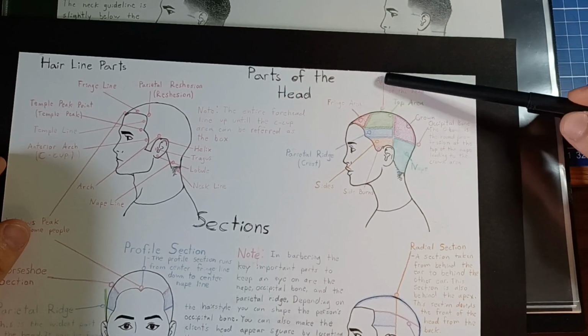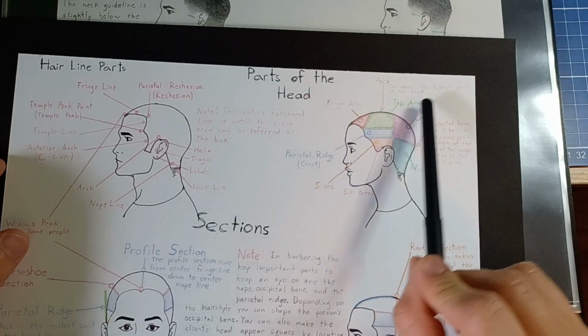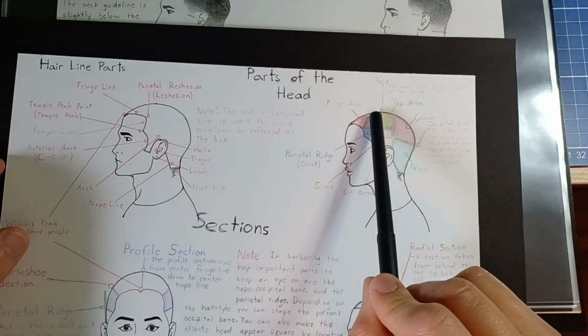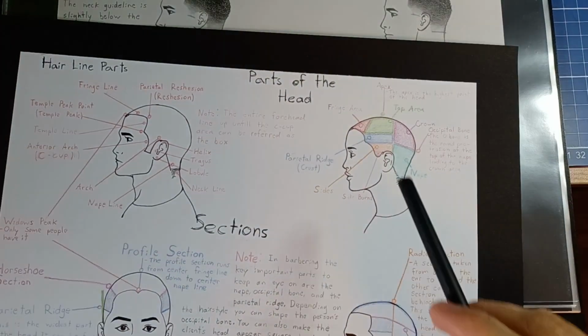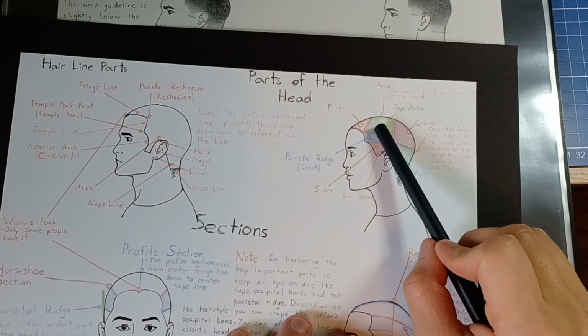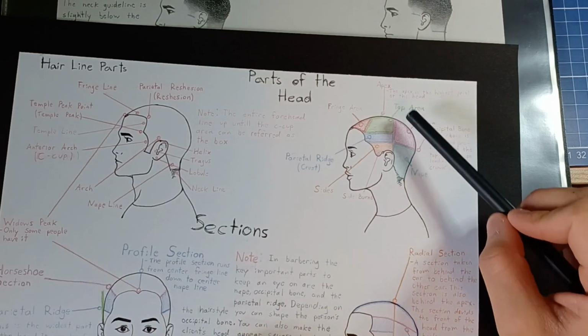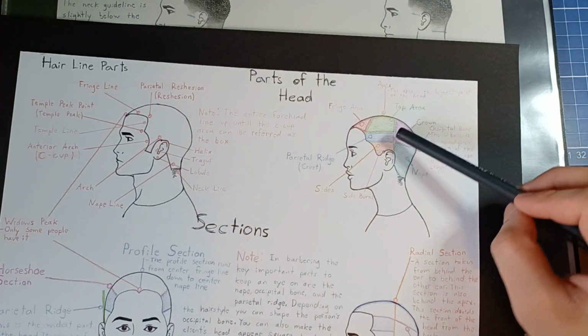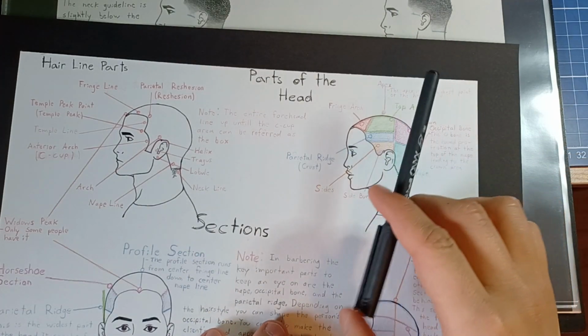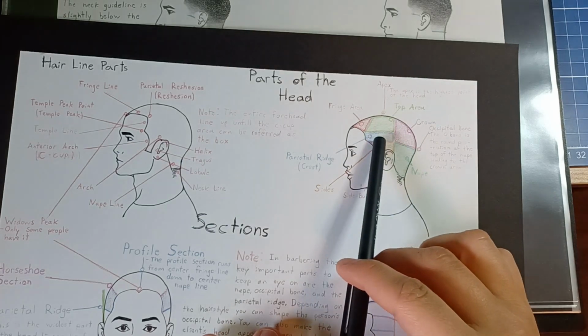The apex, if you didn't know, is the highest point of the head. So right here is the apex. Here we've got the top area, which is right in front of the radial sectioning I talked about earlier, and it ends right where the parietal ridge starts.